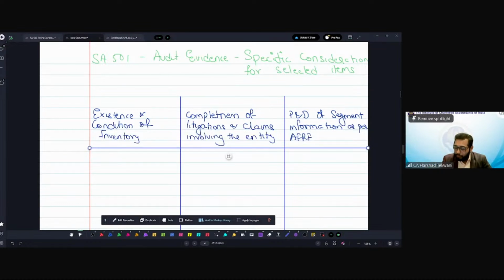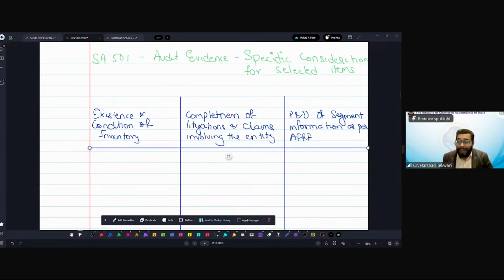Along with the physical inventory count, we will also check whether the financial accounting records showing the inventory are actually confirming with the actual inventory count that we have performed. Okay, good. Yes.